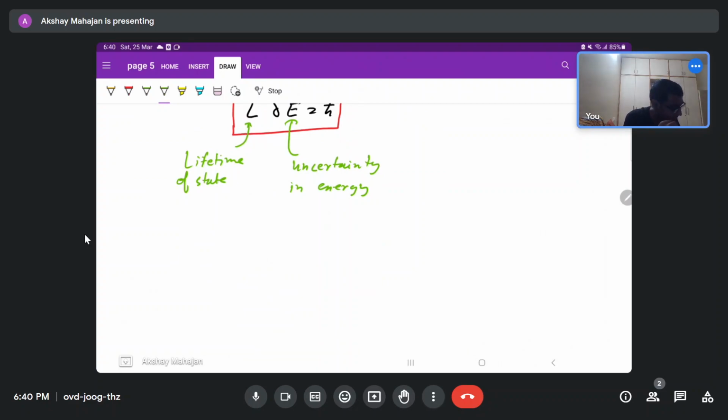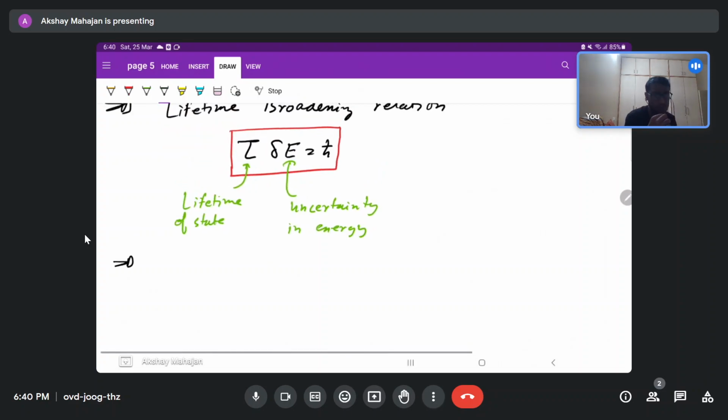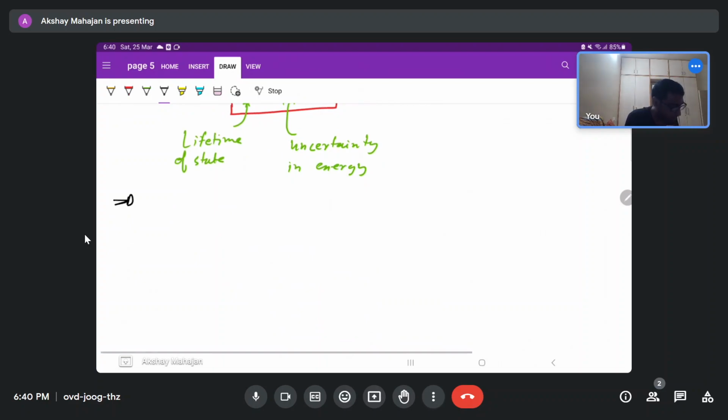This is just a simple formula-based problem, but there is still something we should understand about the lifetime broadening relation.